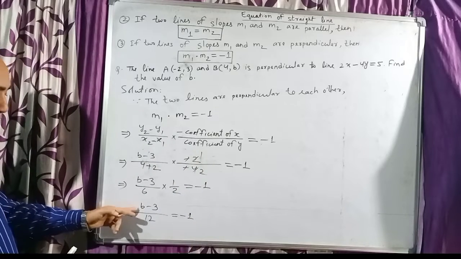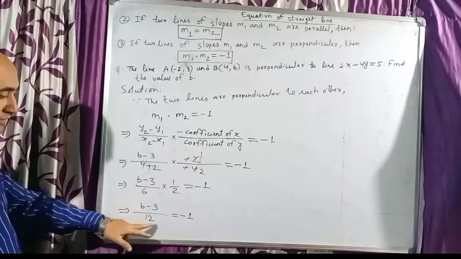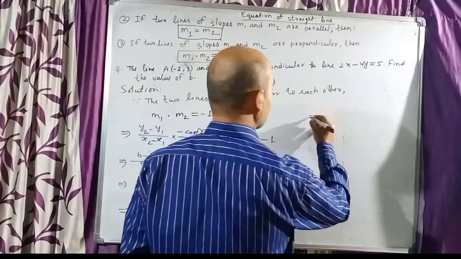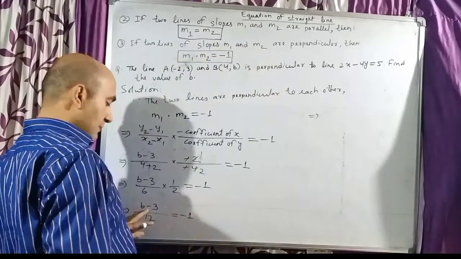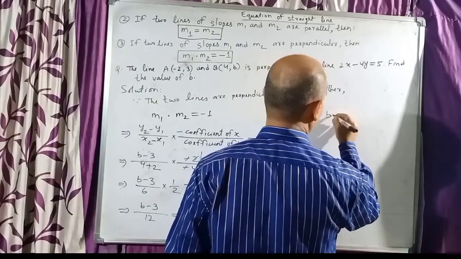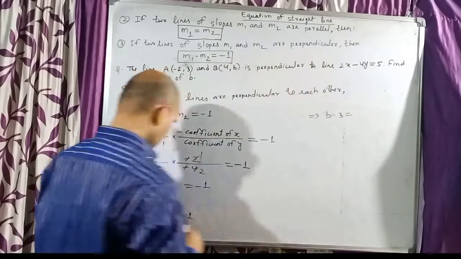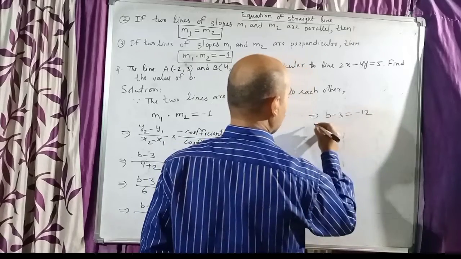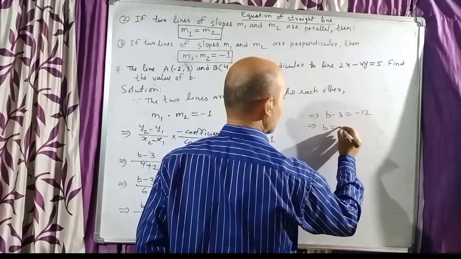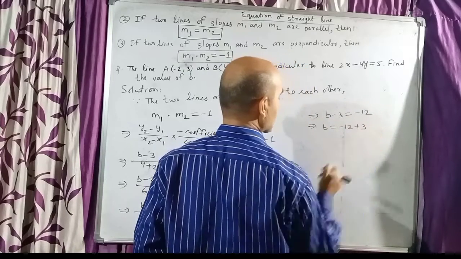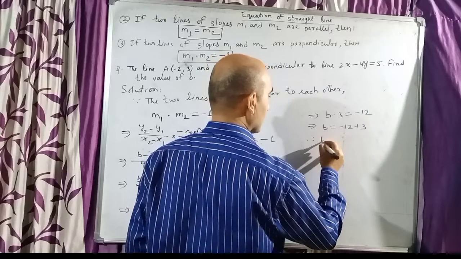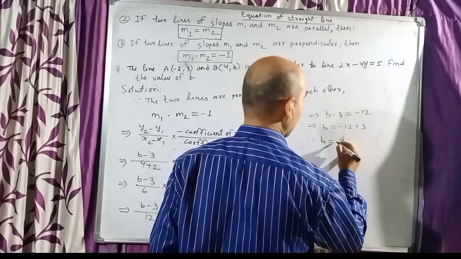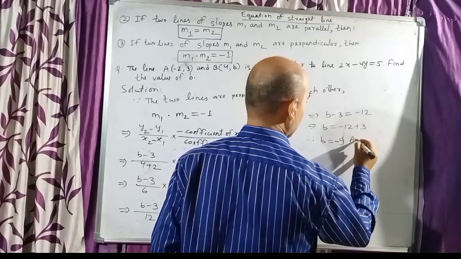We have to find the value of b. So now this 12 will go and cross multiply with minus 1. So our answer is about to come. b minus 3 equal to 12 ones are 12, but minus 12. Next, b equal to minus 12 plus 3. Therefore b equal to, our answer will be 9, but minus 9.